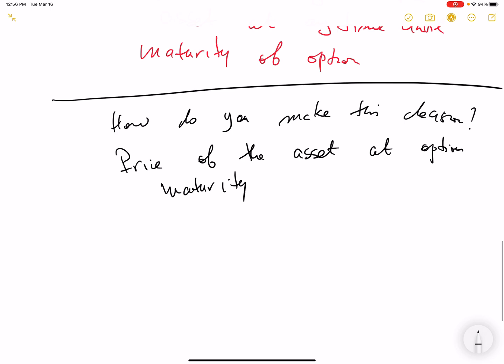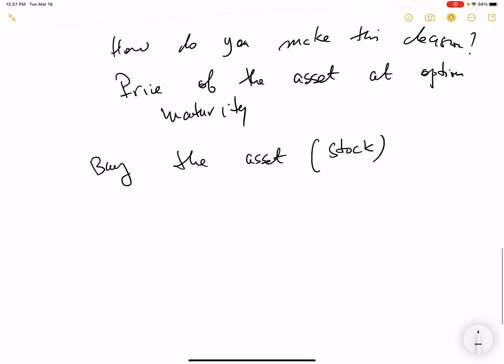So say you have the option to buy the asset. And let's take two examples. Let's say first that it's a stock. Okay, so there are two scenarios now. At maturity, let's say the stock price is $100. Okay, and your strike is $90.